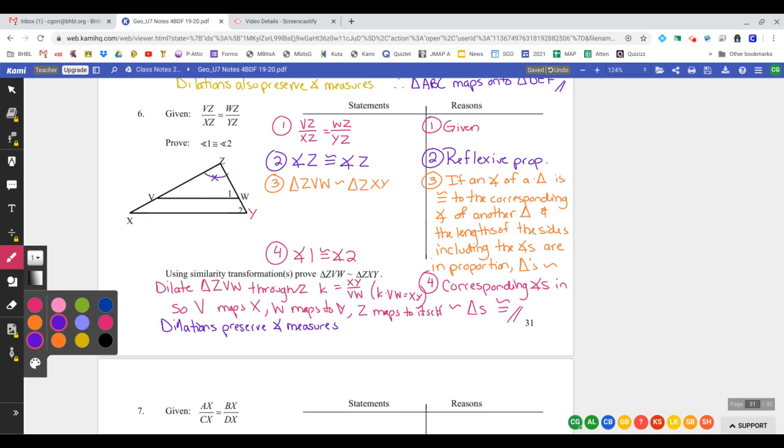So now I know that my triangle ZVW is similar to triangle ZXY.